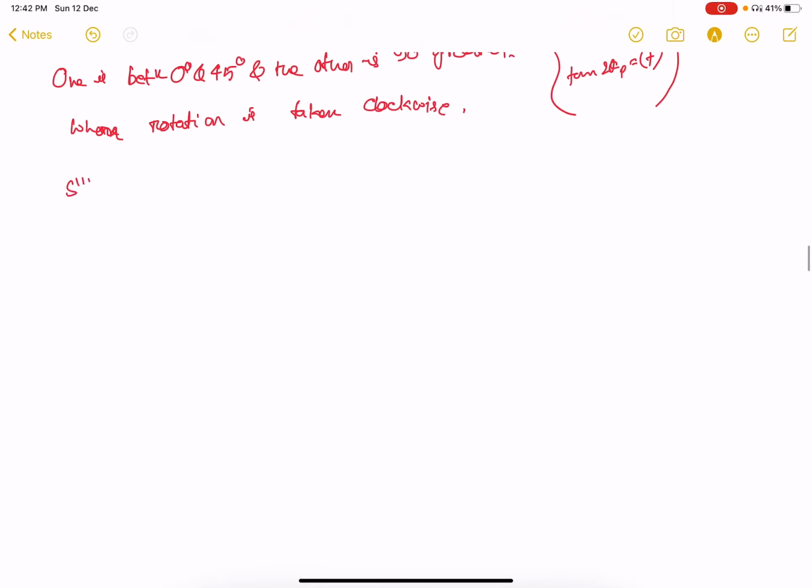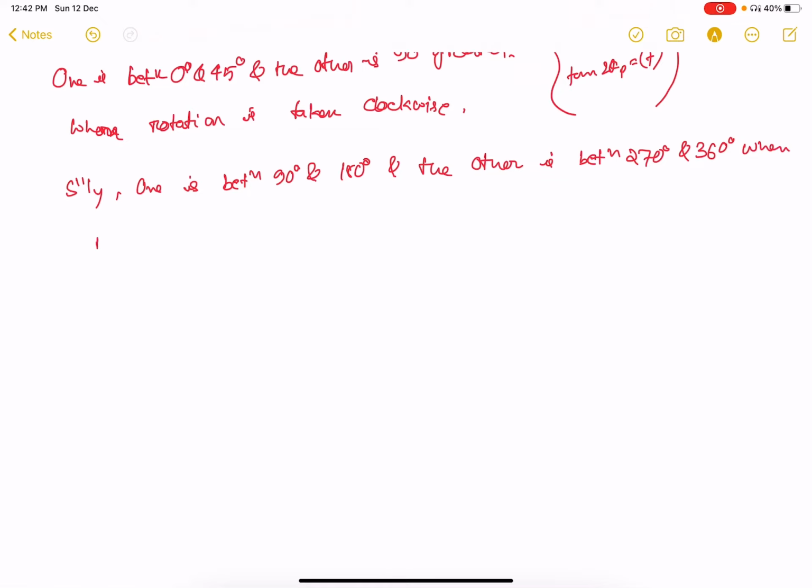Similarly, one is between 90 degrees and 180 degrees, and the other is between 270 degrees and 360 degrees, when considered, sorry, anti-clockwise rotation, clockwise rotation.